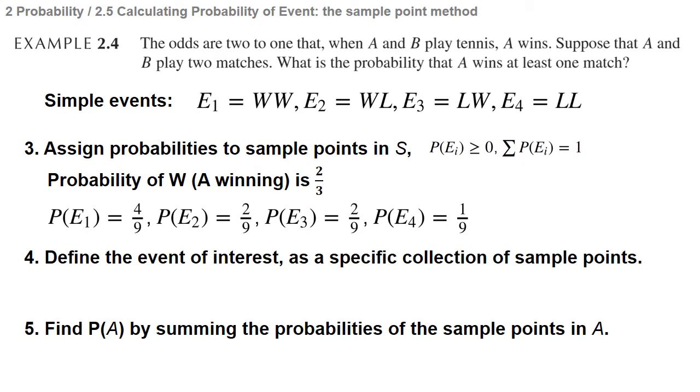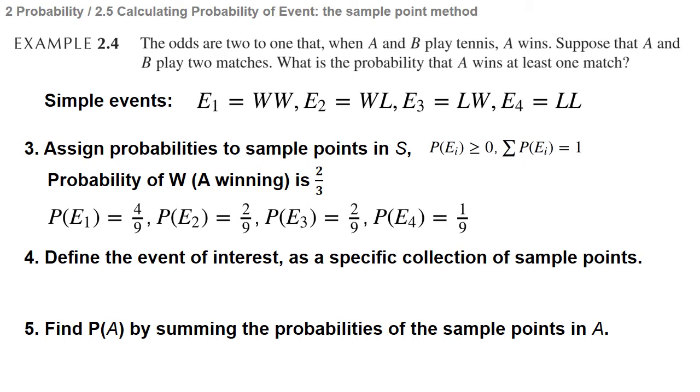The probability of A winning the first game and losing the second game is 2/3 times 1/3, which is 2/9. The probability of E3 is again 2/9. And the probability of E4, A loses 2 times, is 1/9. By summing up all these numbers, we get 1, so our assigned probability is okay.